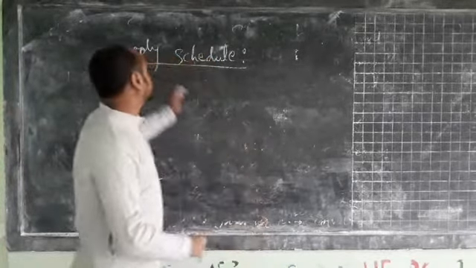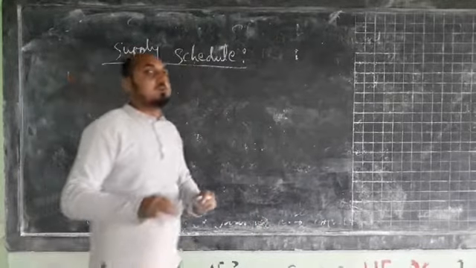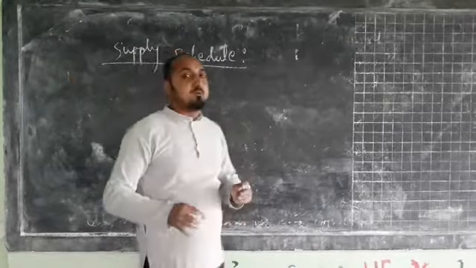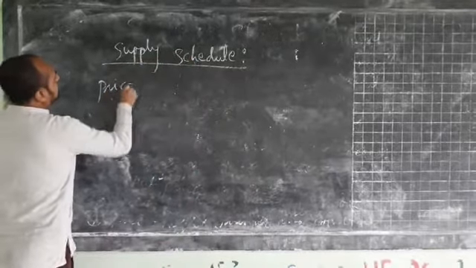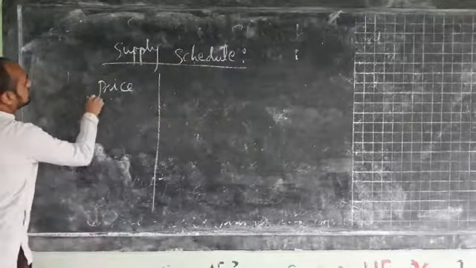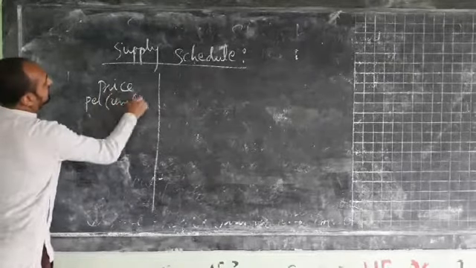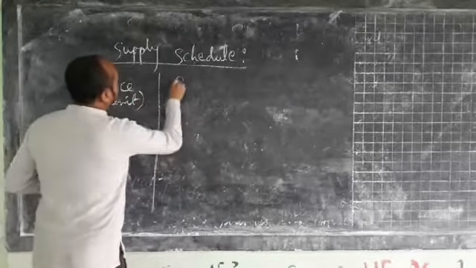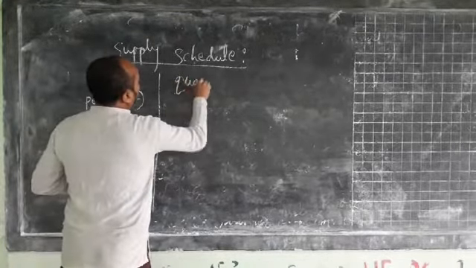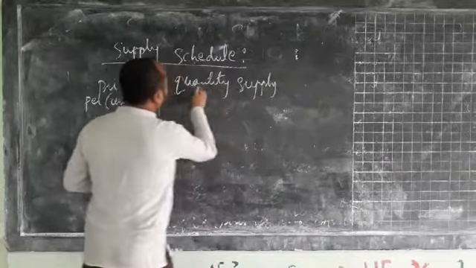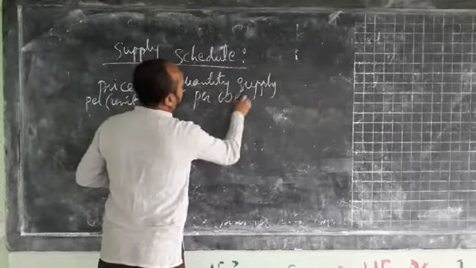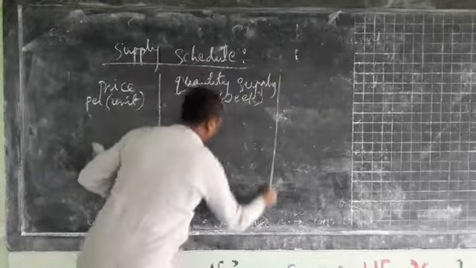So that concept is known as supply schedule. In order to explain this concept, I will consider one example. Suppose say price per unit and quantity supplied per week.